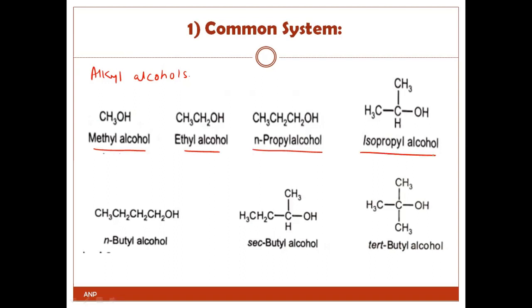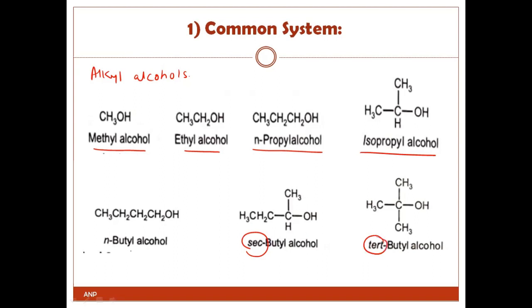As we go higher in the series, it becomes necessary to indicate whether a particular alcohol is primary, secondary, or tertiary, and the prefix secondary is abbreviated as sec, and the prefix tertiary is abbreviated as ter.